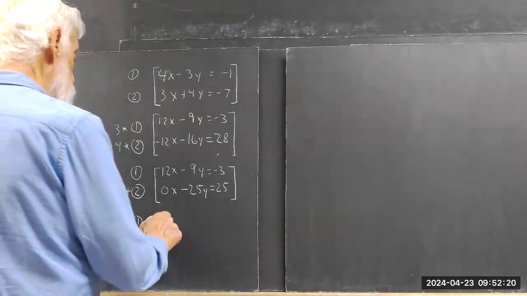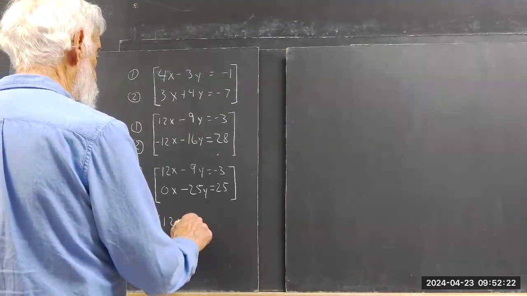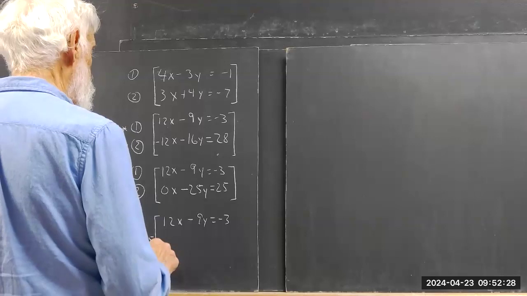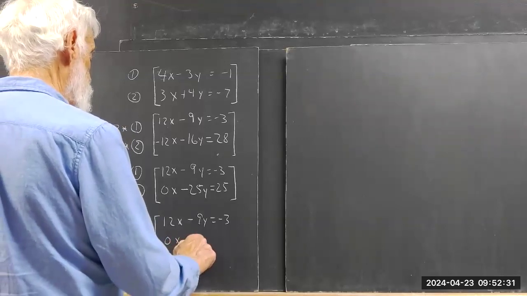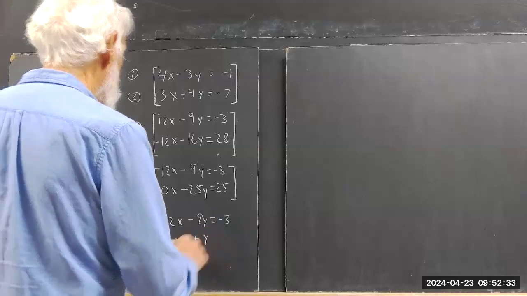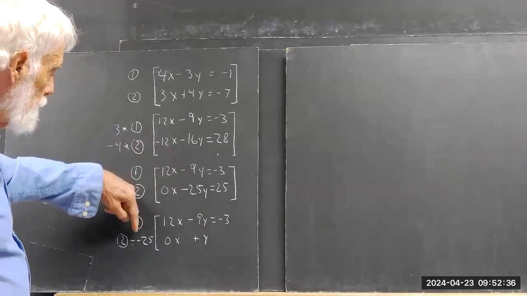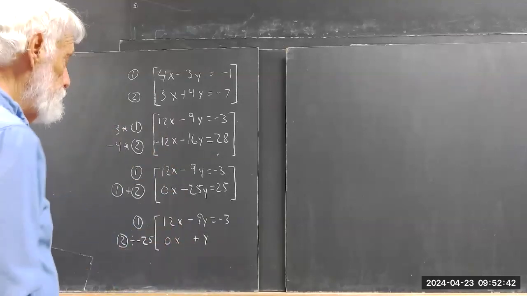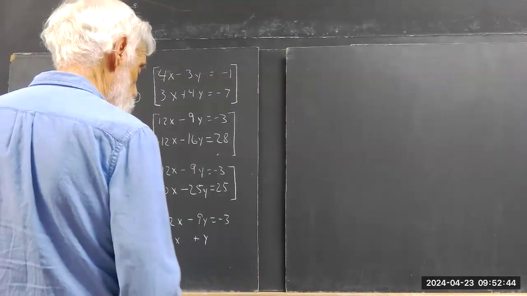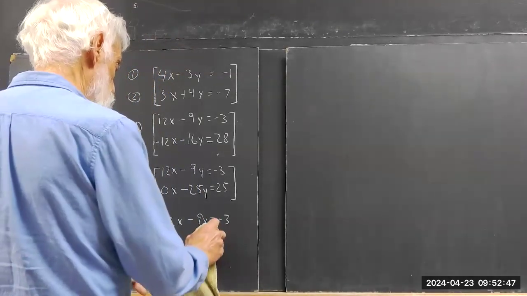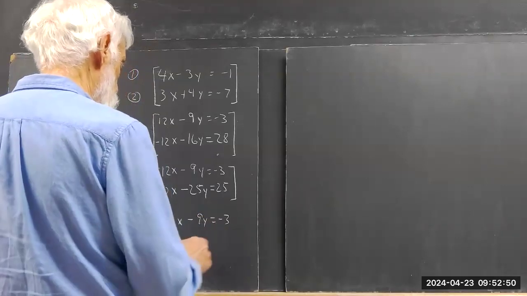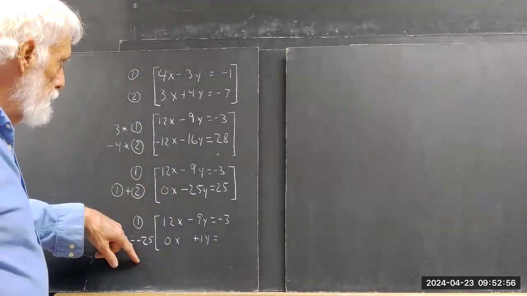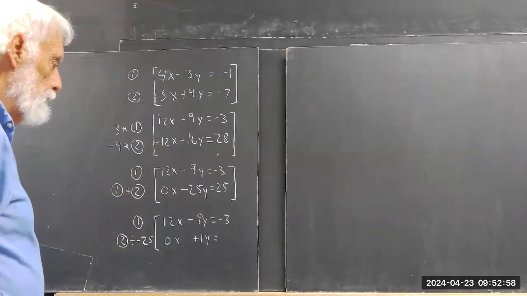This gives me 12x minus 9y equals -3, and 0x plus y, because -25y divided by -25 gives me 1, so that just gives me 1y. I'm going to be a little more explicit and write the coefficient down. I'm going to write 1y. And 25 divided by -25 is -1.